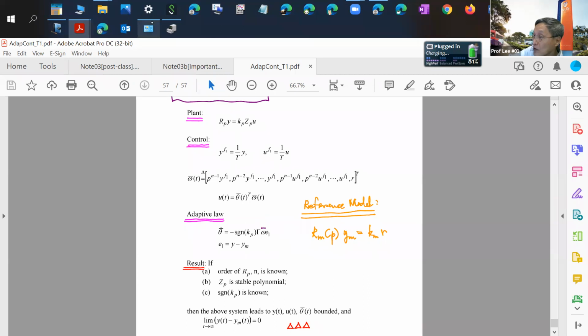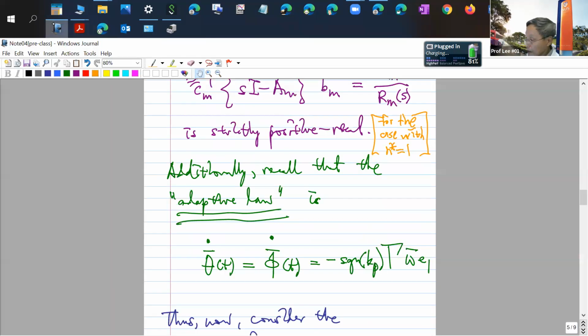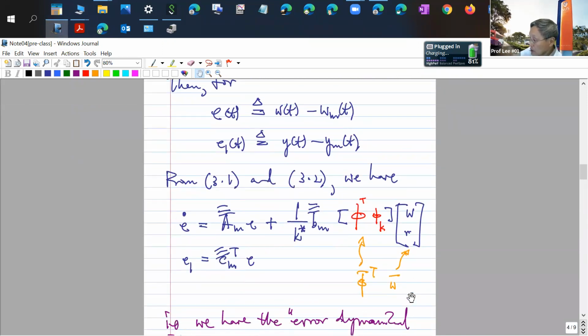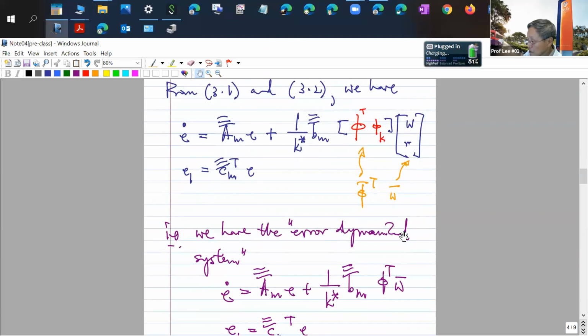So you see the adaptive law, exactly as we said, is like this. This is now the 2n signals which we generate, plus the R signal. So this is 2n plus 1, exactly as before.